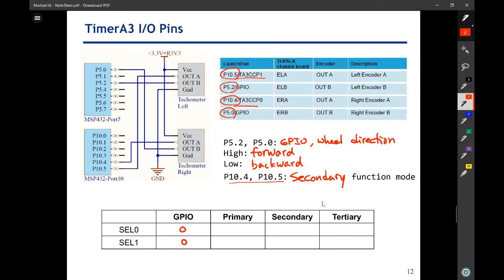If you want primary mode, you put 0, 1 for SEL0 and SEL1 respectively. If SEL0 is 1 and SEL1 is 0, that is secondary mode. The last one is 1, 1, which you use for ADC.